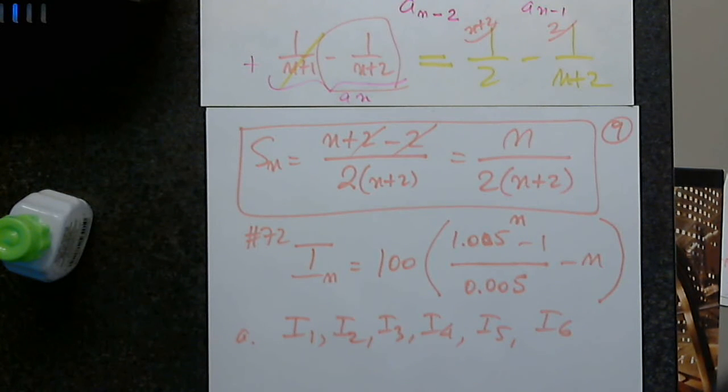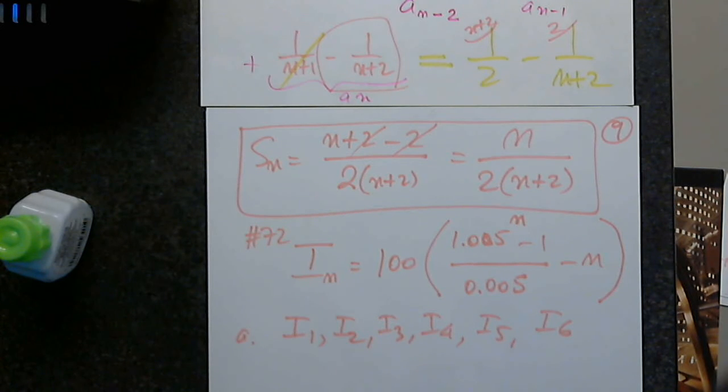Don't forget about parentheses again for the numerator. 1.005 to the power x, caret x. And then minus 1. Close the parenthesis for the top. Divide now by 0.005. And then outside minus x. And we put in everything. Close the parenthesis.